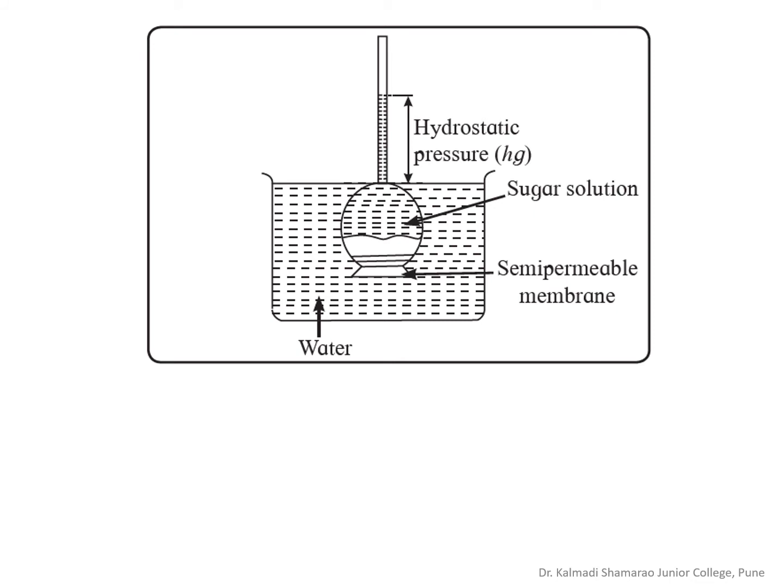An equilibrium is thus established where the rates of forward and reverse passages are equal. The height of liquid column in the tube remains constant. This implies that the hydrostatic pressure has stopped osmosis.